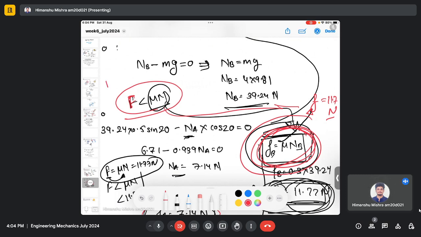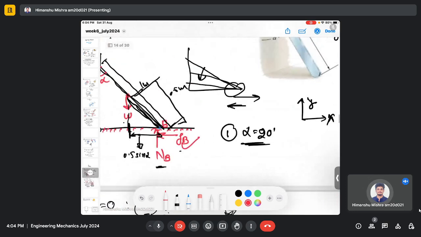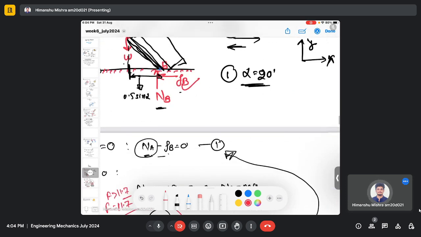Once it equals the maximum friction force, 11.7, or even greater than 11.7, there will be a motion, and this body will slip down completely. It will fall down, and the friction force no longer supports this rod in an equilibrium system.